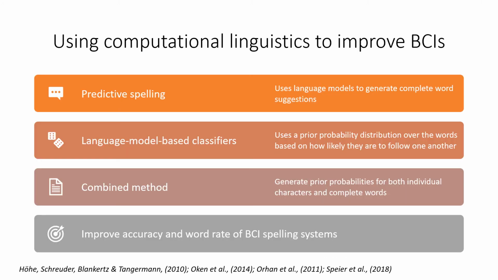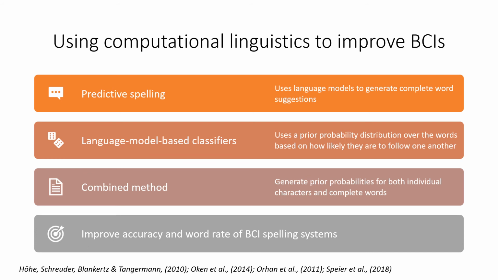So another way of using language for BCIs that seems very interesting to me is by using knowledge from the field of computational linguistics. Two types of language models from computational linguistics that have been used to improve BCIs are predictive spelling and language model-based classifiers. And you're all definitely familiar with these language models.